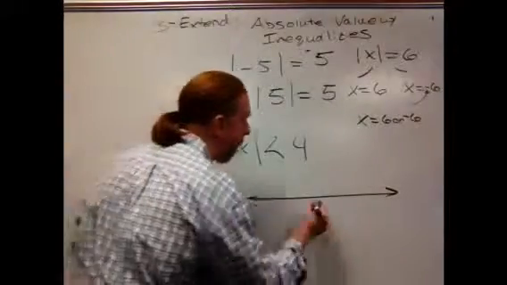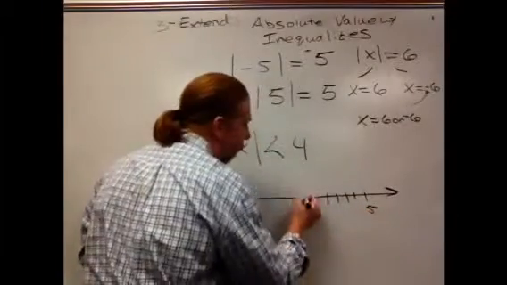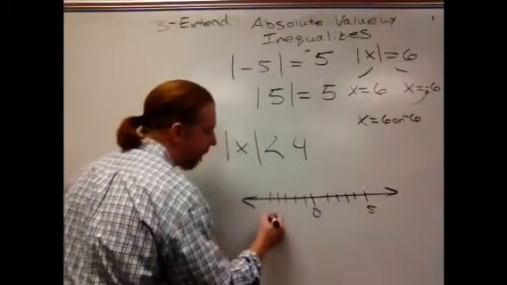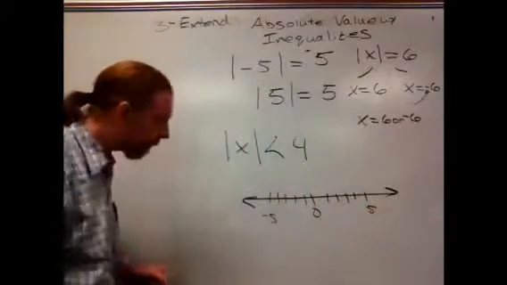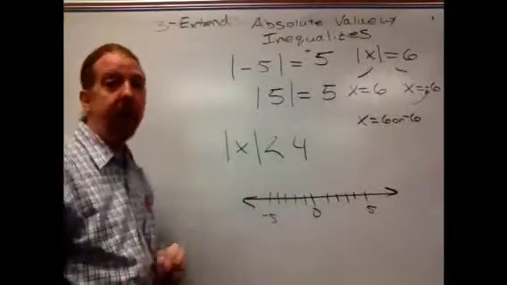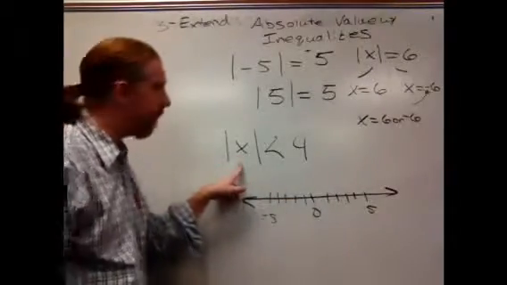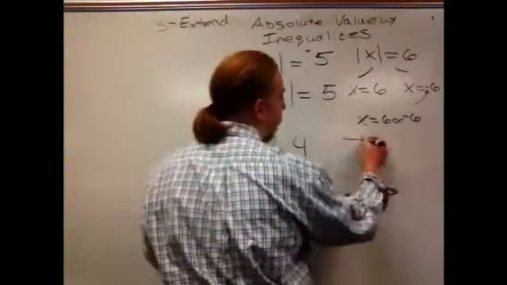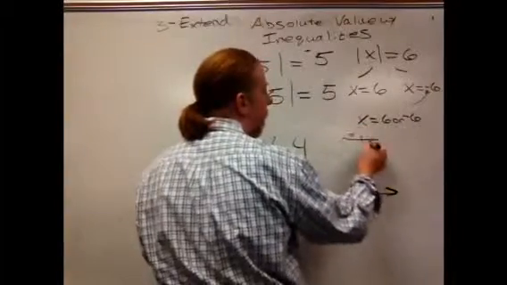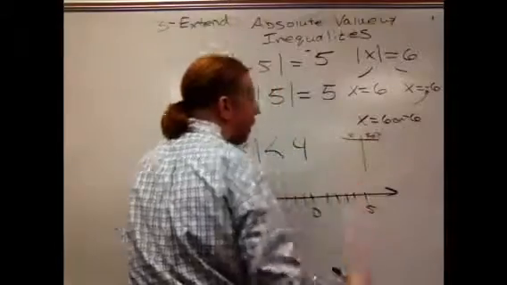Let's mark off 0, 1, 2, 3, 4, 5, and the same on the negative side. Now, what are some numbers on this number line I might throw in? Let's start with the number 0. Is 0 a solution? Make a little table here: 0, our number, and is that a solution?